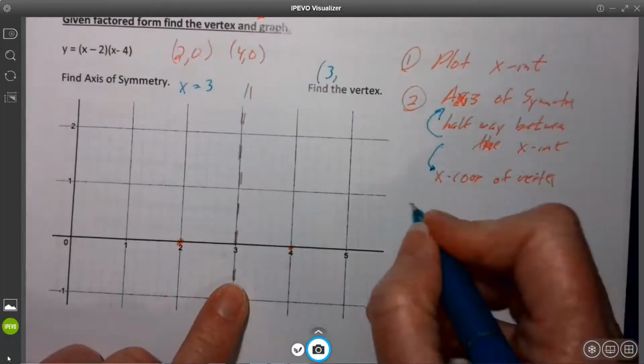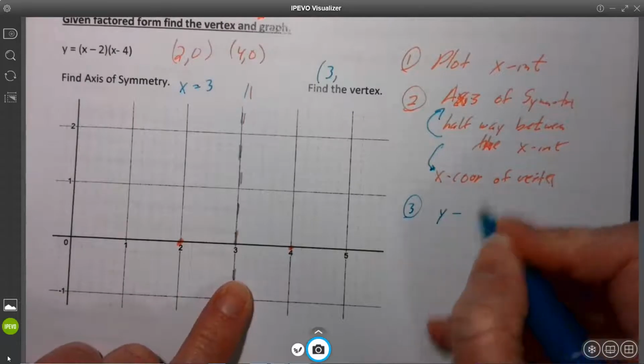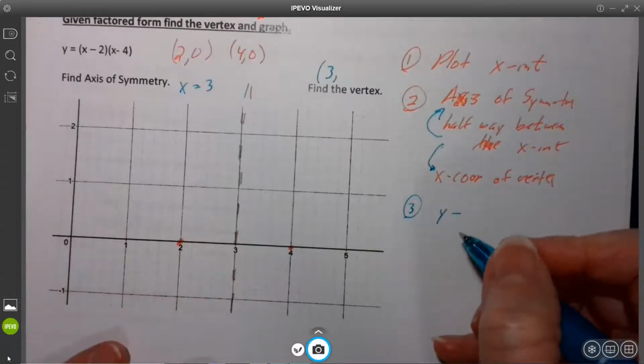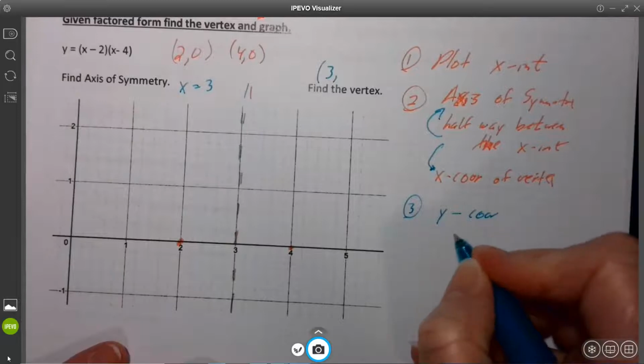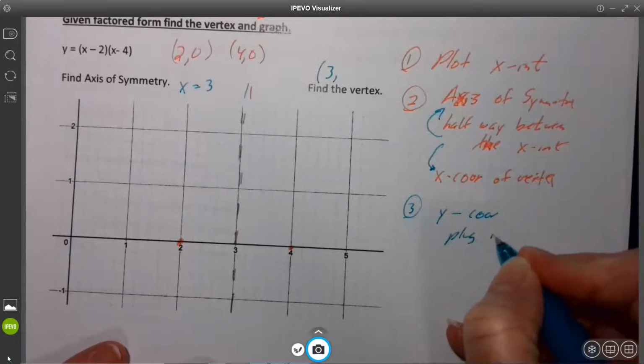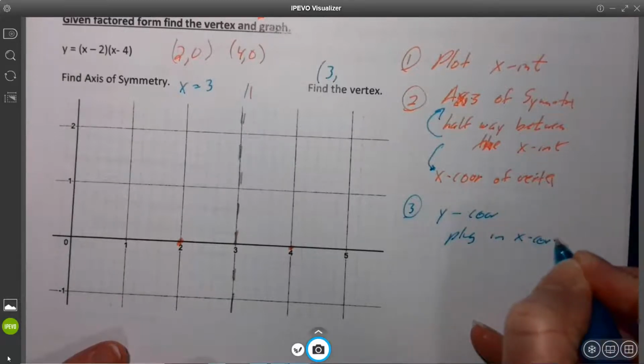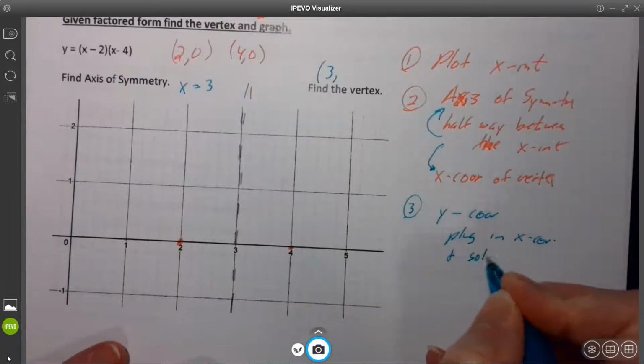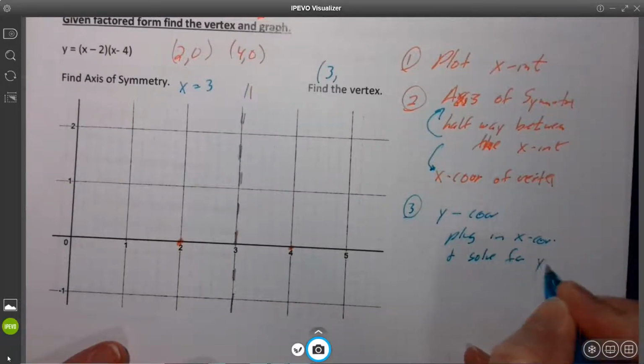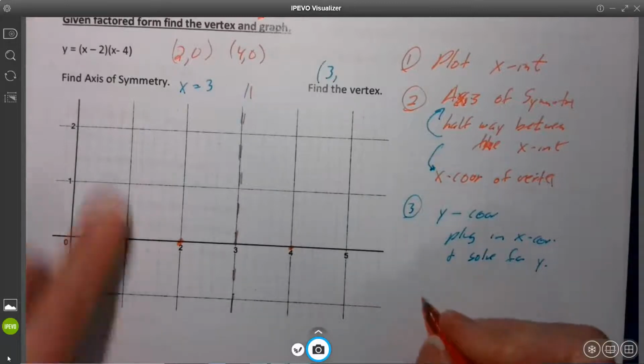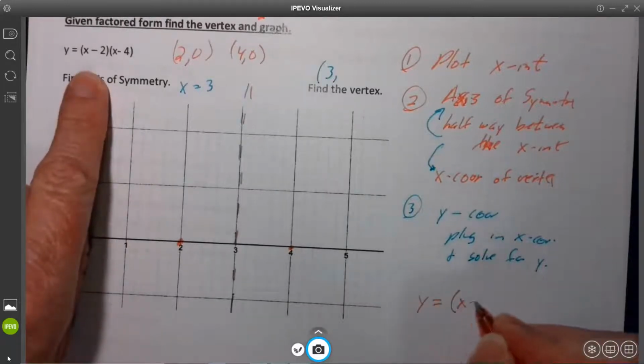Now, to find the y-coordinate of the vertex, plug in the x-coordinate and solve for y. So we have y equals (x minus 2)(x minus 4).